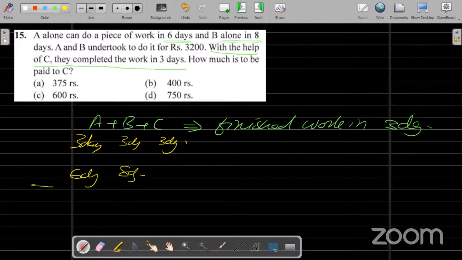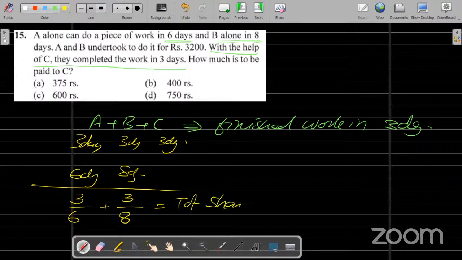So the part of work done by A in 3 days: A in a day will do 1/6 of the work and A works for 3 days. And the part of work done by B in 3 days: in 1 day, B will do 1/8 of the work and B also works for 3 days. So this is the total share of work done by A and B in 3 days.